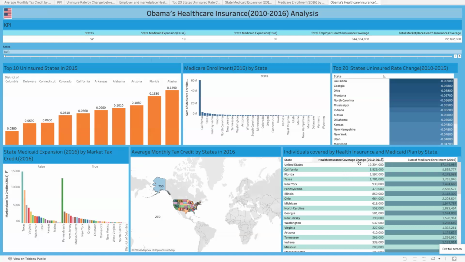From 2010 to 2015, in the total United States, health insurance coverage changed from 19 million in 2010 to 57 million and above in 2016.